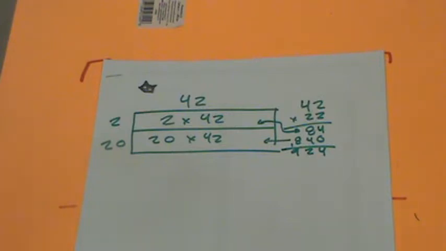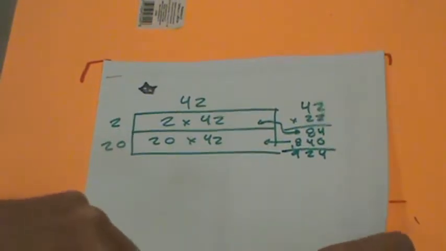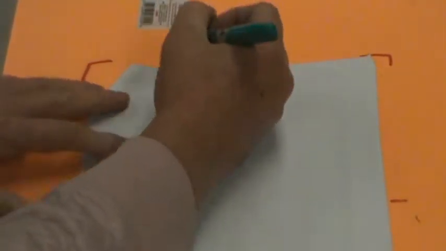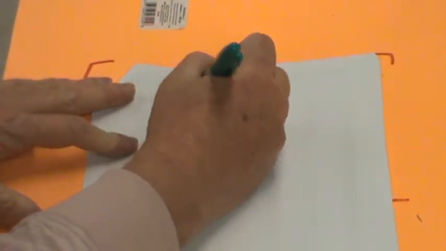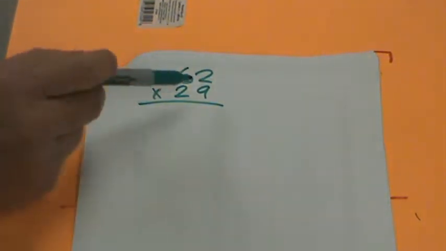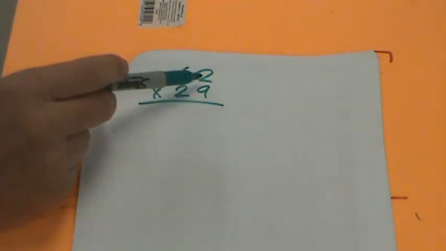Let's do another problem. We're going to go to another piece of scratch paper. And we're just going to go straight ahead. 62 times 29, all right? So the first thing we're doing is 9 ones times 2 ones.